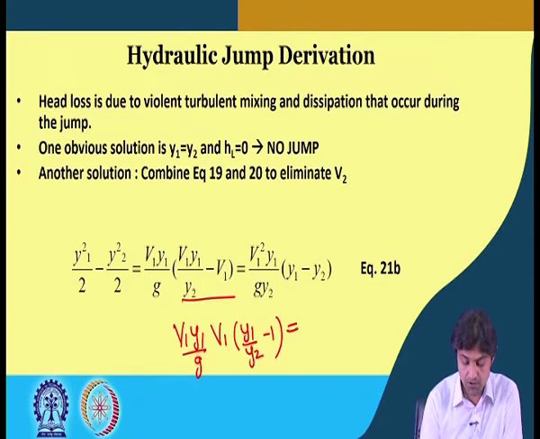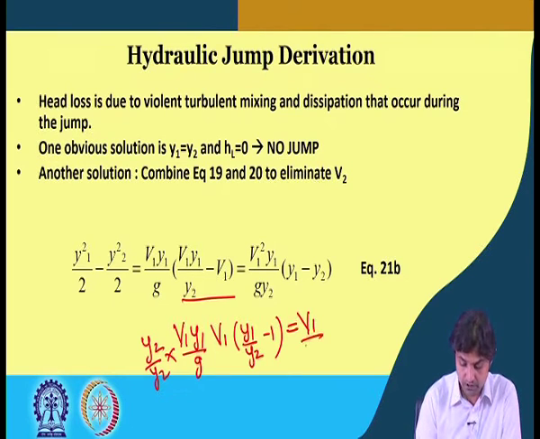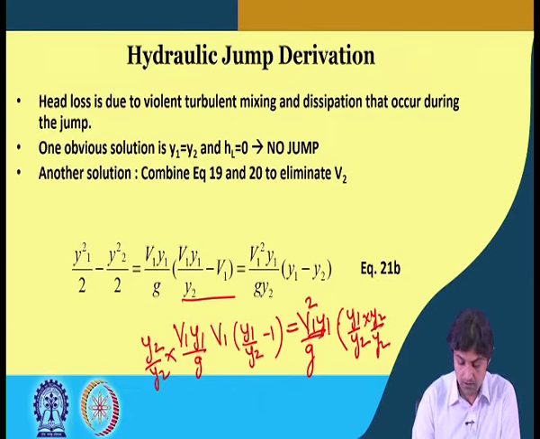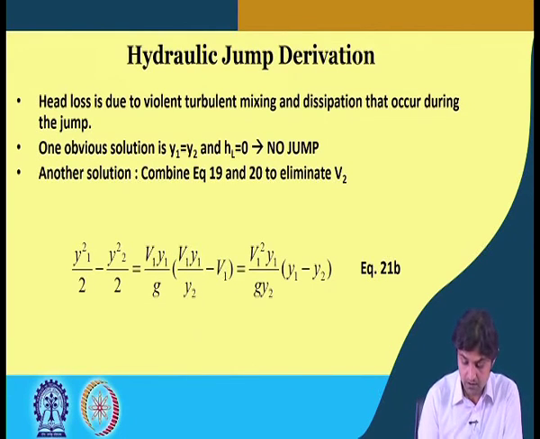So, this is V1 square y1 by g divided by y1 by y2 minus 1.